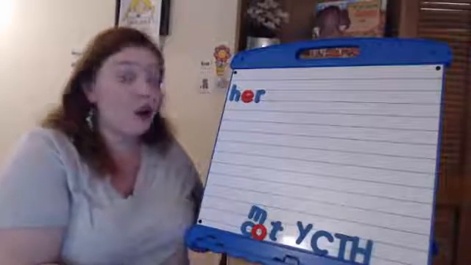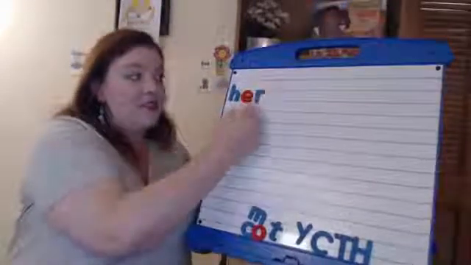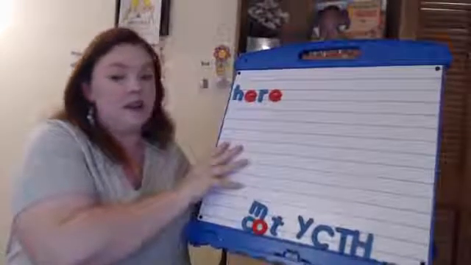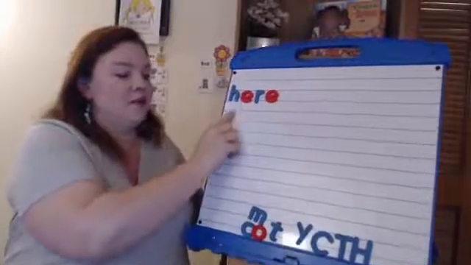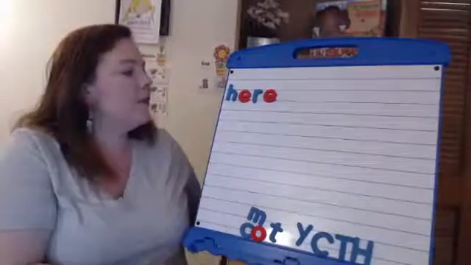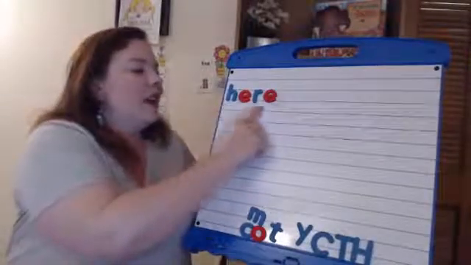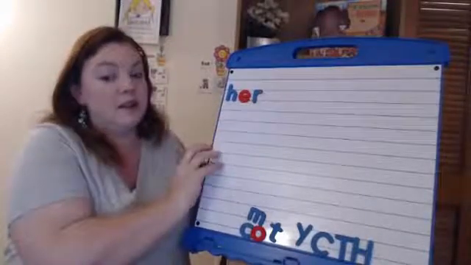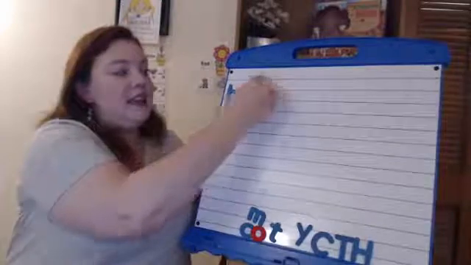That word is her. If you don't have the E, it's her. So you've got to make sure you put that sneaky E on there so that it makes the sound for here. My board's trying to move around a little bit. We don't want it to say her. We want to see here.